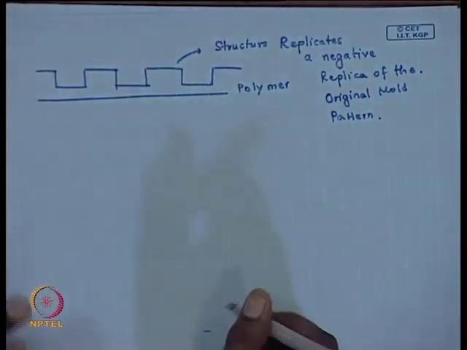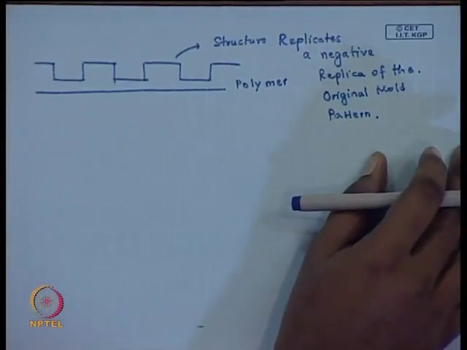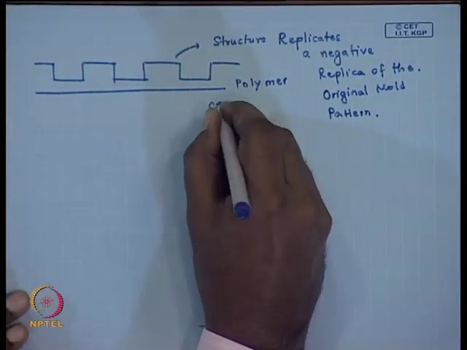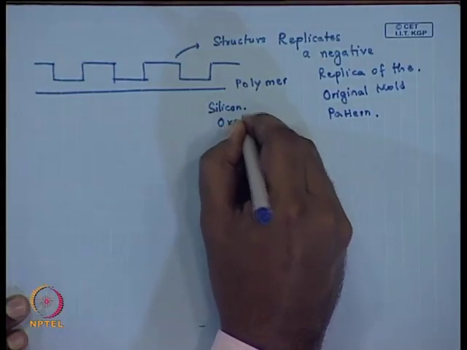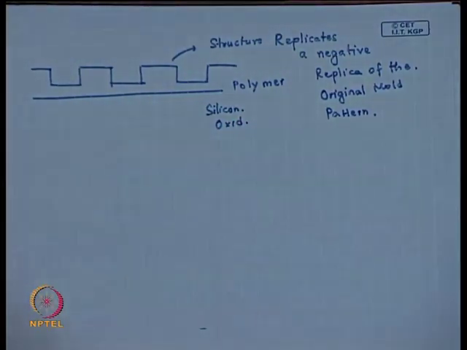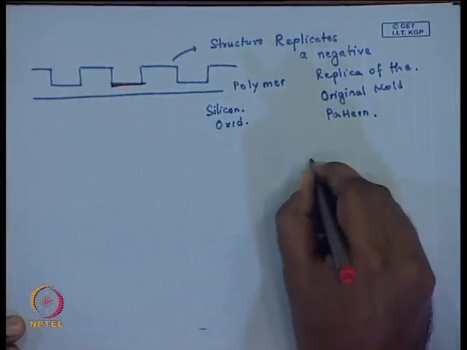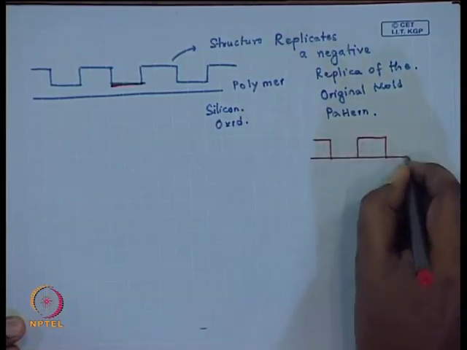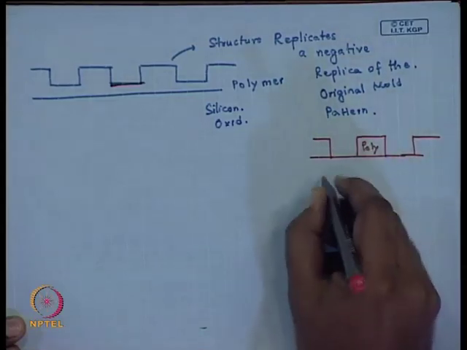Of course, if you are talking about a microelectronic application, let us say this is again back to silicon or silicon oxide, you want to have access to the substrate, because this embossing does not guarantee that you are going to have a structure like this. This is not guaranteed.